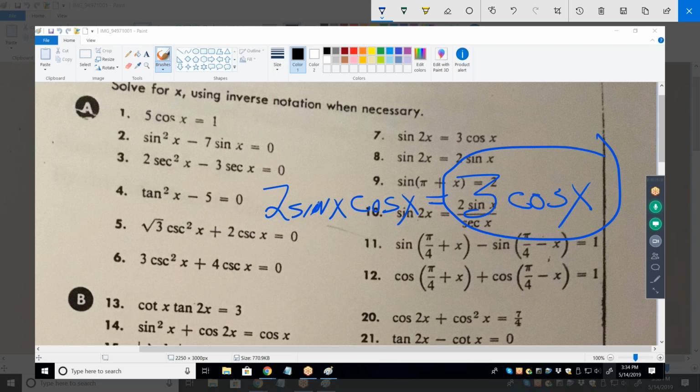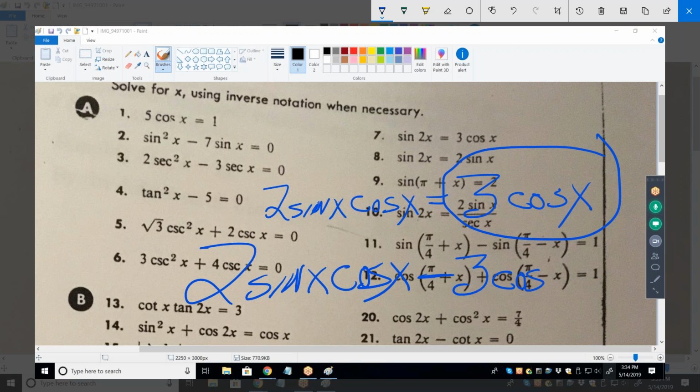What that's going to do is allow us to factor, and we will not lose that zero solution, because clearly pi over 2 is a solution. Cosine of pi over 2 is 0. So we don't want to lose that solution. After moving everything over to the left, now we have a problem similar to one of these.